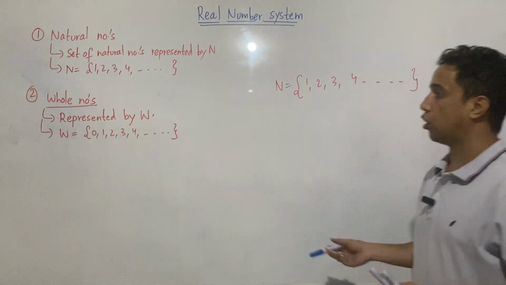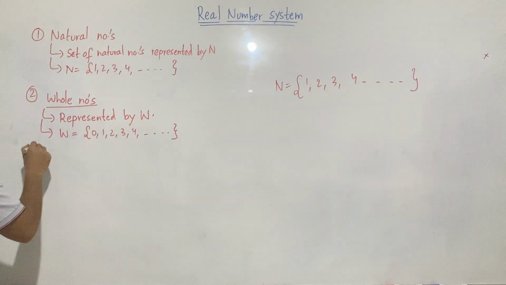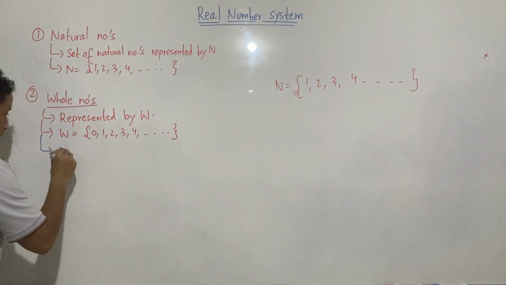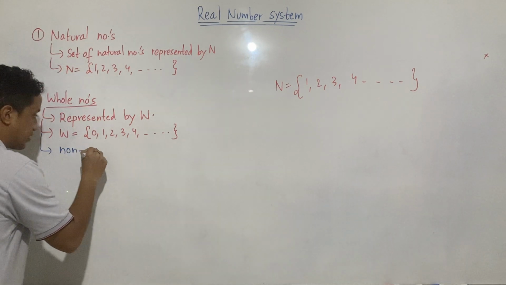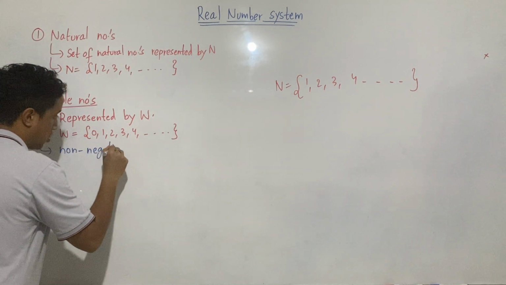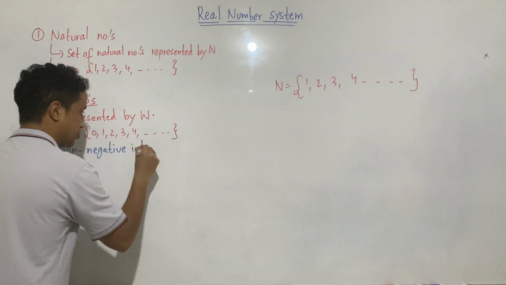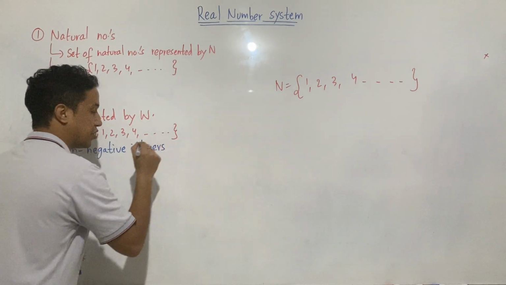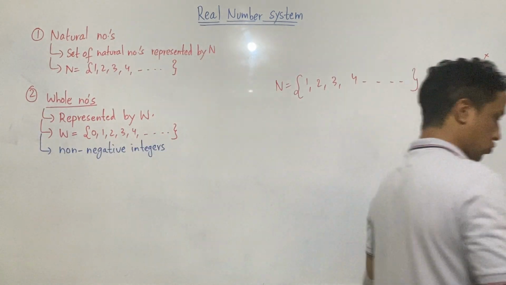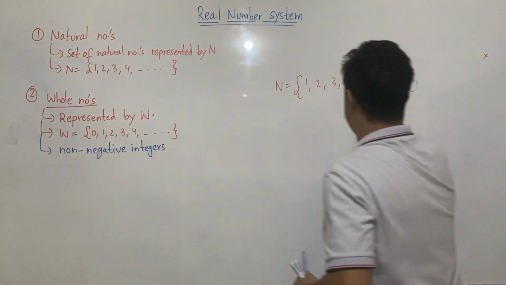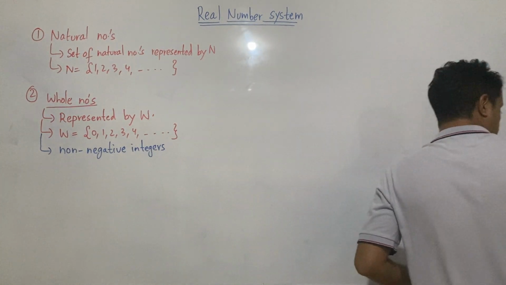Now, sometimes we also call whole numbers non-negative integers. There is a reason why we say that. Let's try to understand it on the number line.